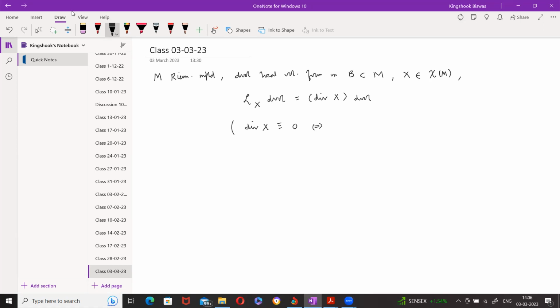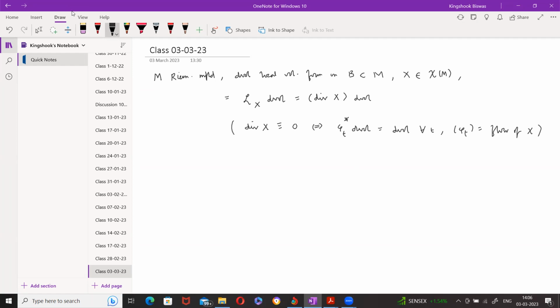And that means if and only if the flow of X preserves the volume form. So if phi_t is the flow of X, then the pullback of the volume form, phi_t star dvol, is equal to dvol for all t, where phi_t is the flow of X, right? So the divergence is 0 if and only if the flow is volume preserving, okay?